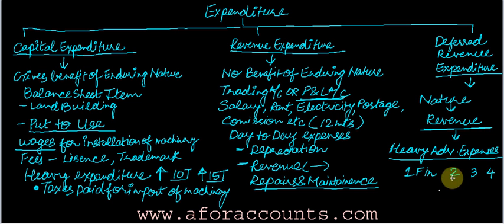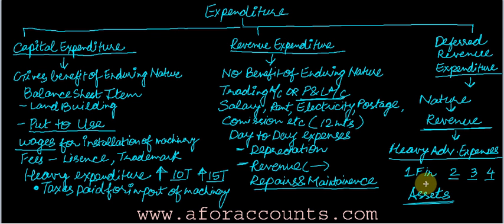So I cannot debit all the total expenses to my P&L because the benefit is received in the coming years also. So I decide a portion of it which I debit to the P&L, and the rest amount, for which I keep receiving benefit, will be my asset, and I will put it in the assets column of the balance sheet.